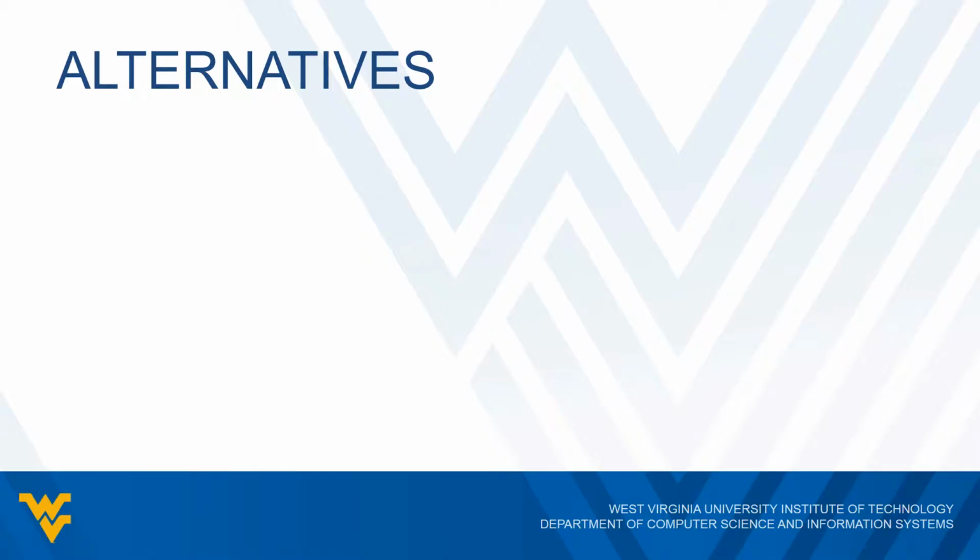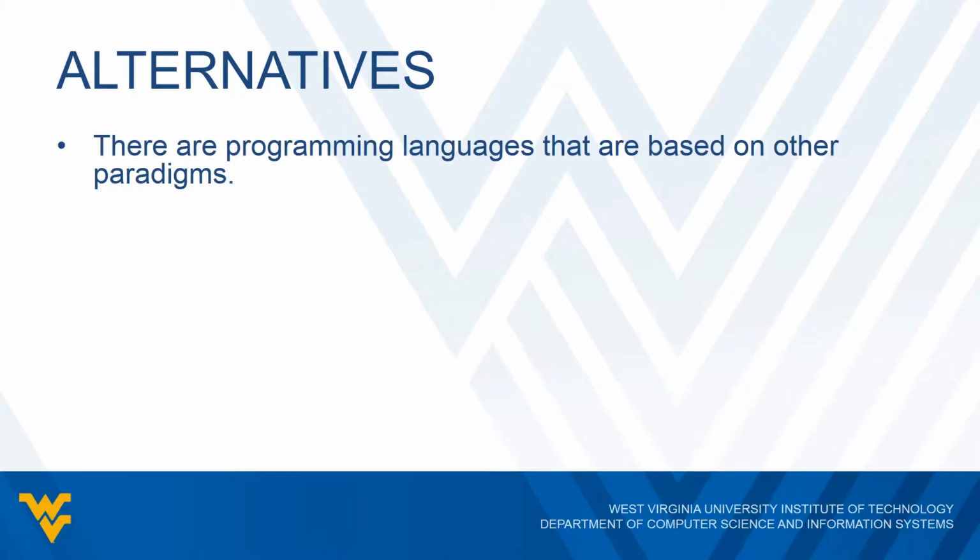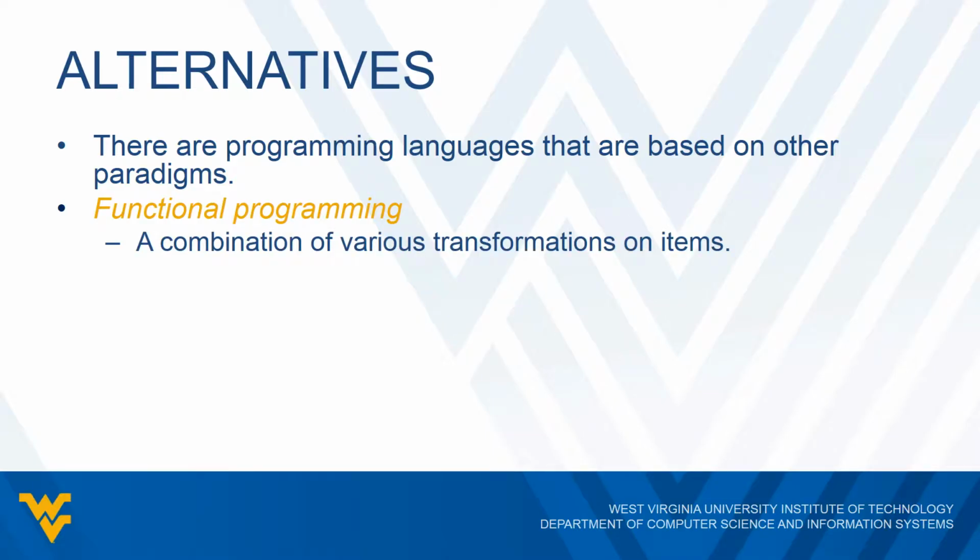So what we're going to be doing here is looking at programming languages that use alternatives to the procedural approach. So we're going to be looking at languages that are based on other paradigms. In fact, we're going to look at three different types. We're going to look at functional programming, which is basically a combination of various transformations on items.